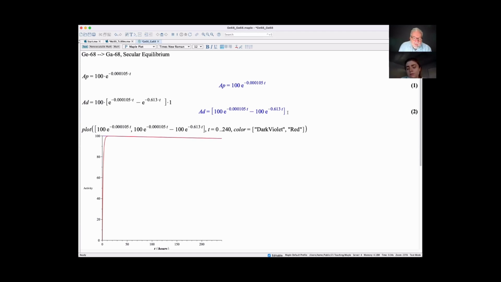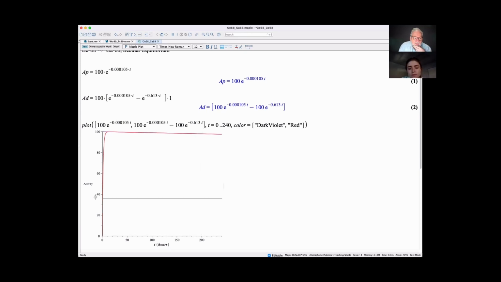So in this case, we have the plot of our germanium and our gallium, and we see that it takes pretty close to 9 to 10 hours to get to that point where we are in secular equilibrium. So they're actually equal to each other.